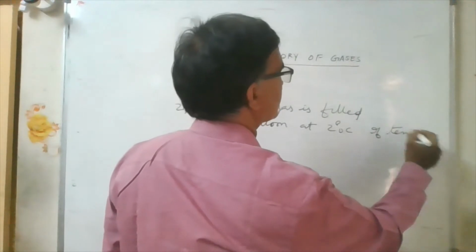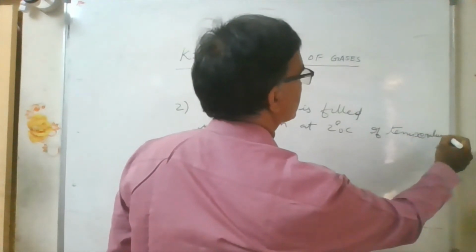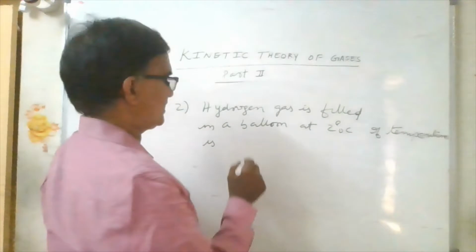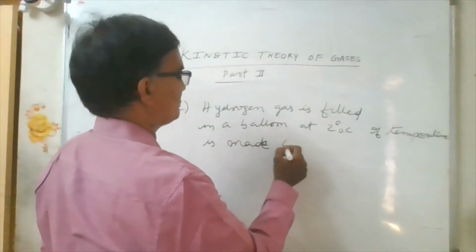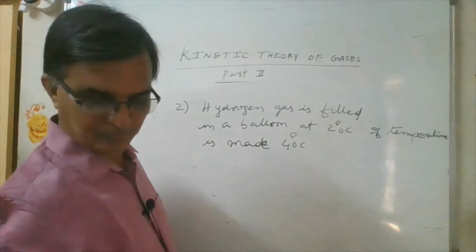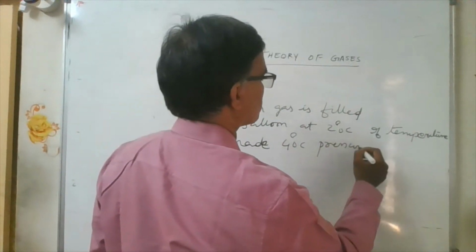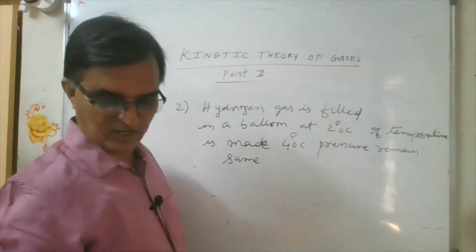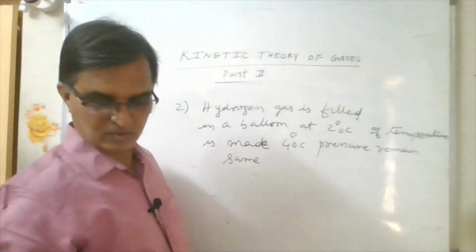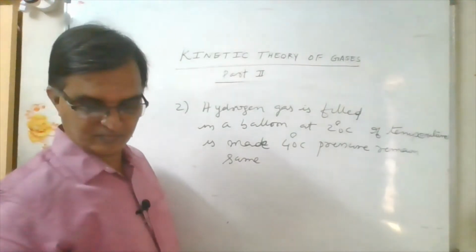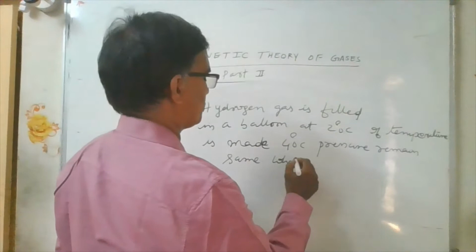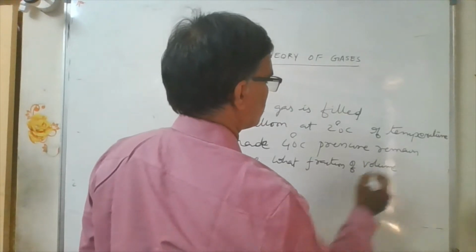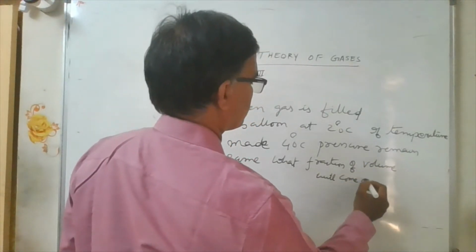If temperature is made 40 degrees centigrade, pressure remains the same, then what fraction of volume will come out?